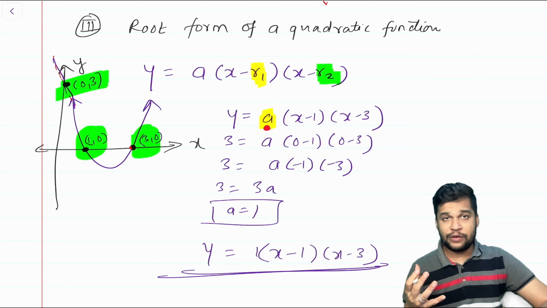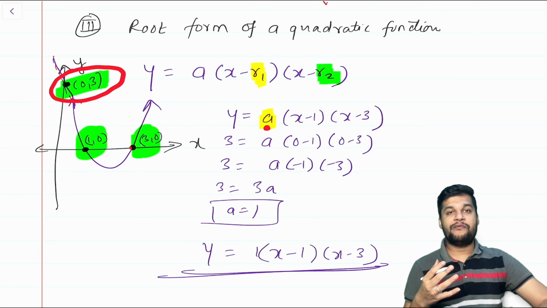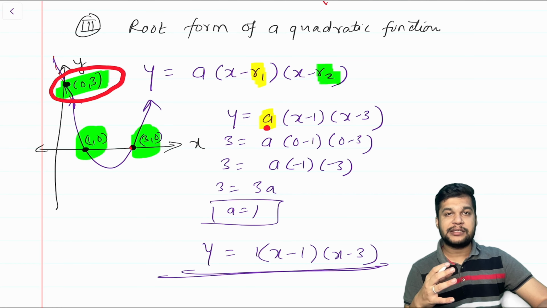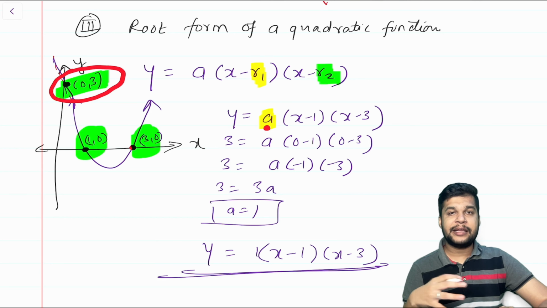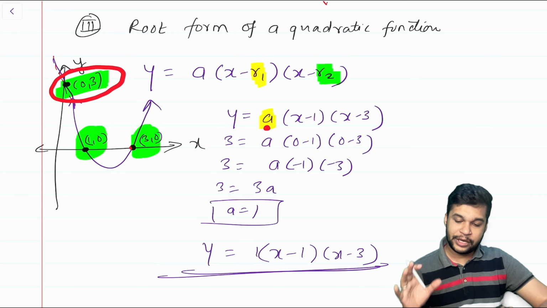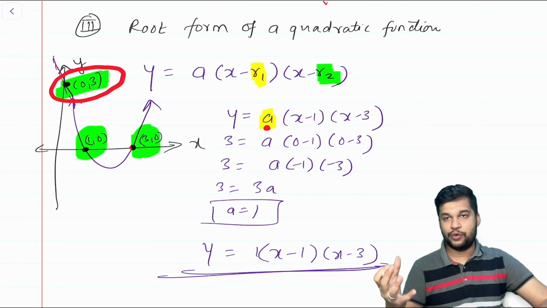How do I find the value of a? There will be 101% one more point given from where your graph passes. Luckily in this question, the graph was passing through 0, 3, which is the y-intercept, so it becomes very easy to solve. In other cases, it can be some other point also, okay? So this is how you get the quadratic function using root form, right?